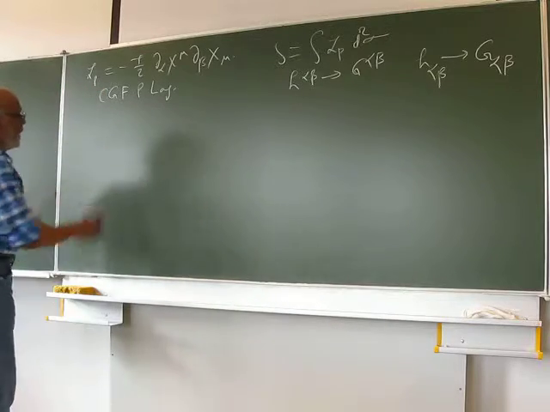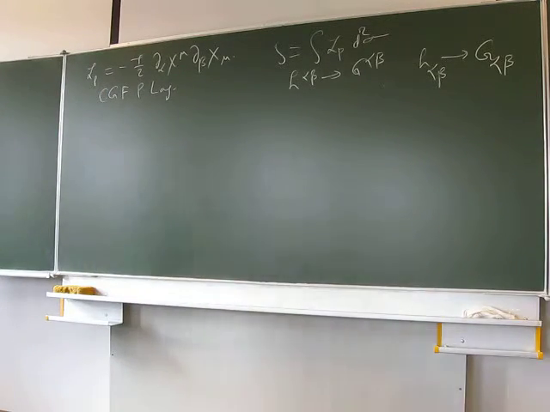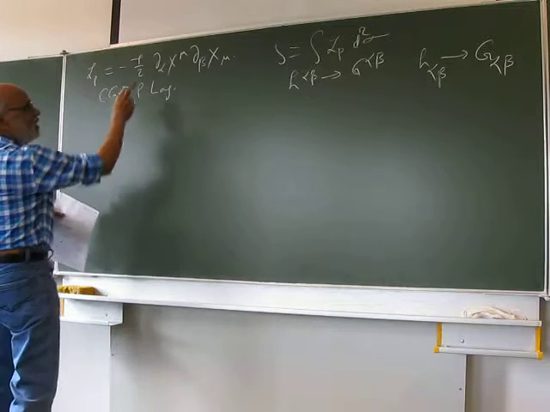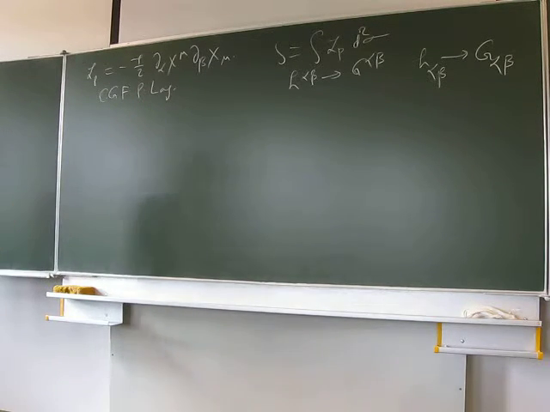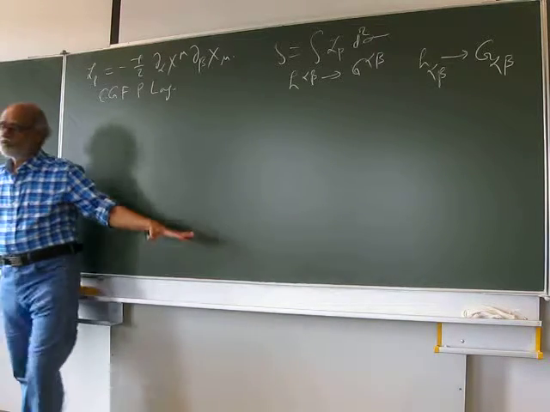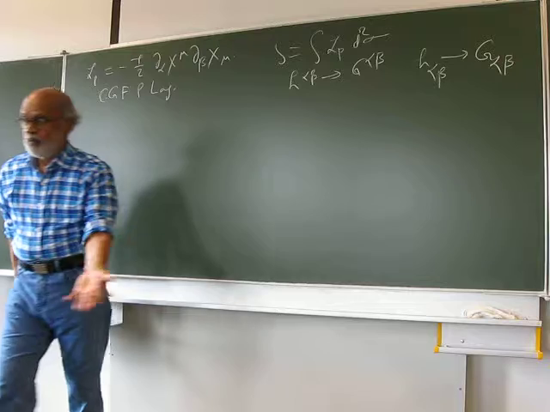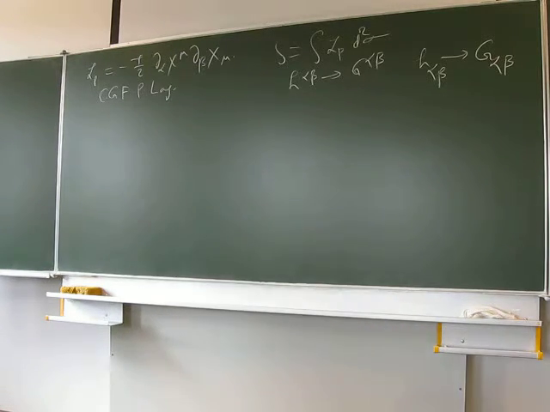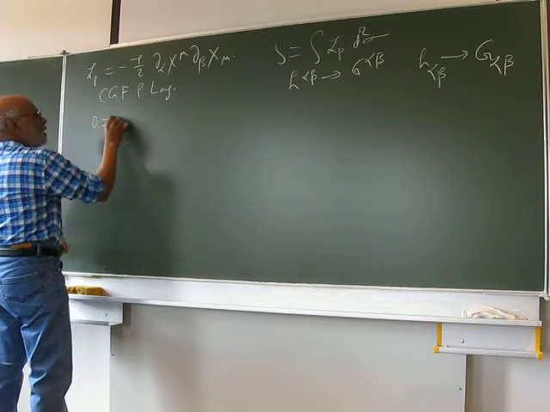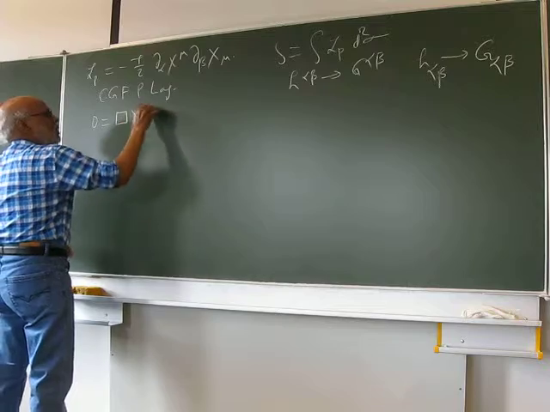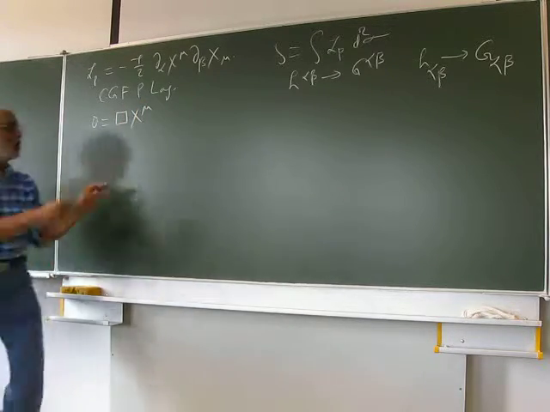And now we have seen, we also need to know in the first place, yes, what we were doing with this action: we used the variational principle and we derived the equation of motion, del alpha del alpha X mu, this equals to 0.